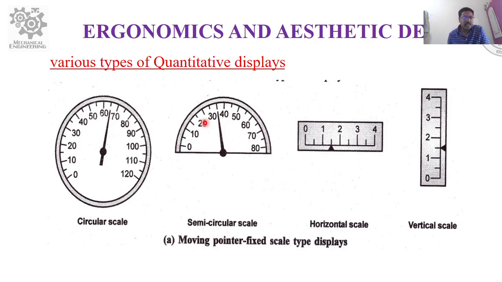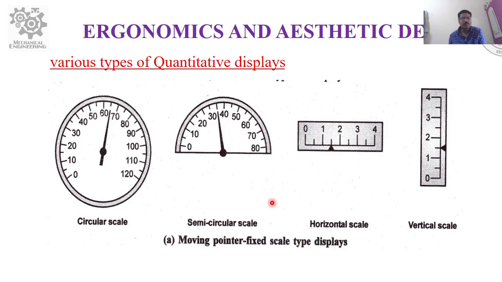So observe here, these are the various types of quantitative displays. Circular scales or semicircular scales. This is the full circular scale. One point is fixed here, and the pointer will move from 0 to 120 degrees, which we use in vehicles. This one we also use in some small vehicles, from 0 to 80. This is also a vertical scale, and this is the horizontal scale. So these are the moving pointer, fixed scale types of displays: the pointer is moving and only the scale is fixed.